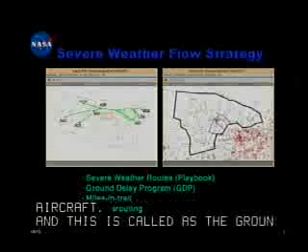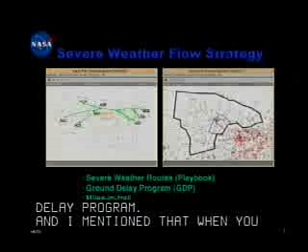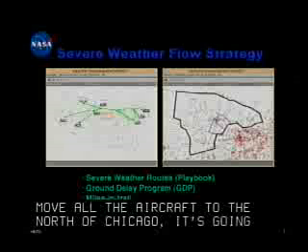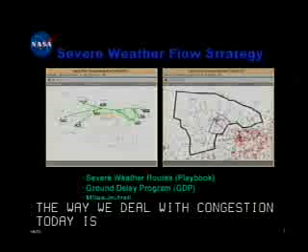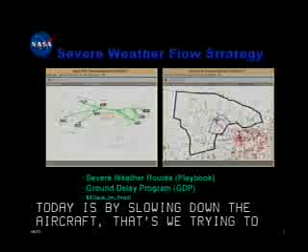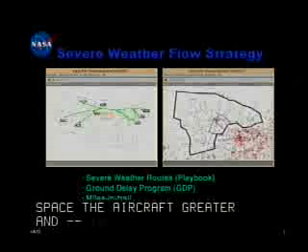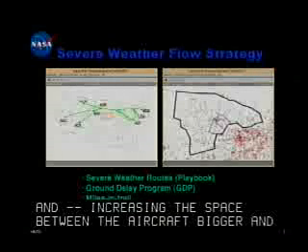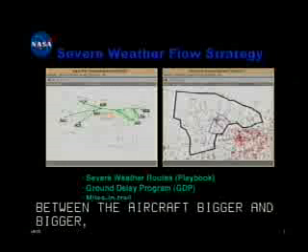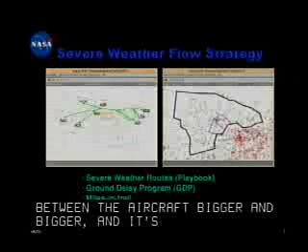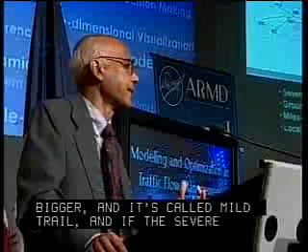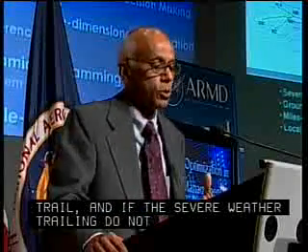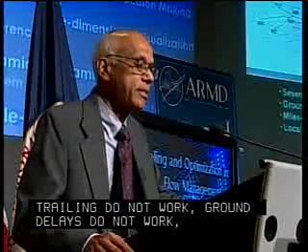When you move all the aircraft north of Chicago, it's going to cause congestion. The way we deal with congestion today is by slowing down the aircraft, by increasing the space between the aircraft bigger and bigger, and it's called miles in trail. And if severe weather routes do not work, the ground delay program does not work, and miles in trail does not work, then we take the last minute action of doing local rerouting. Could I have the next view graph, please?